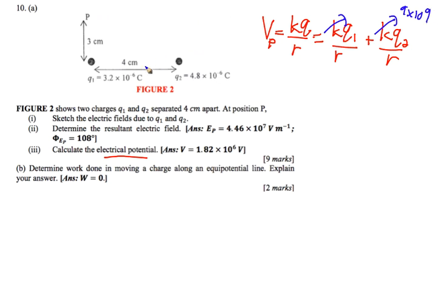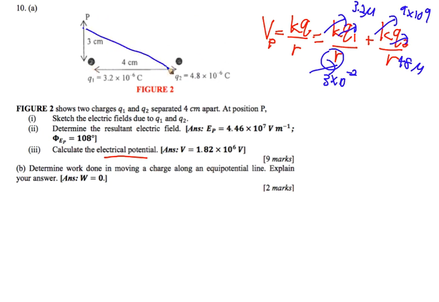Q1 is 3.1, 3.2 times 10 exponent minus 6 microcoulomb, and Q2 is 4.8 microcoulomb. The distance from point P to Q1 is 3 cm, in meters 3 times 10 exponent minus 2, and from Q2 to the point P, this is 3 and this is 4.